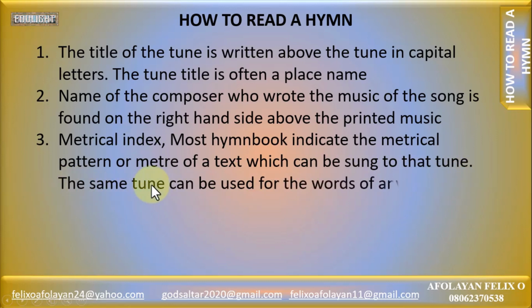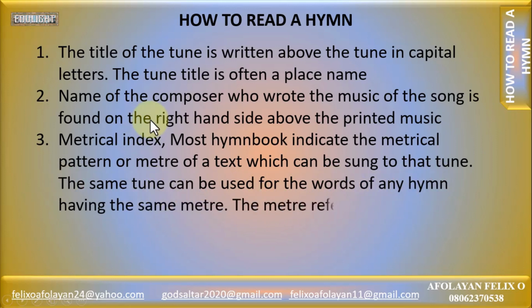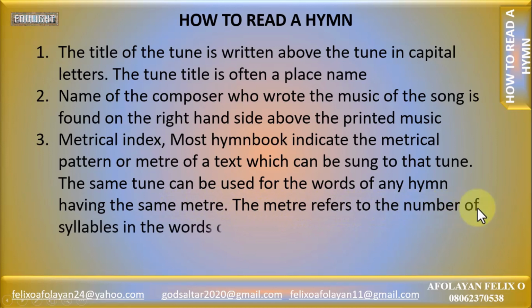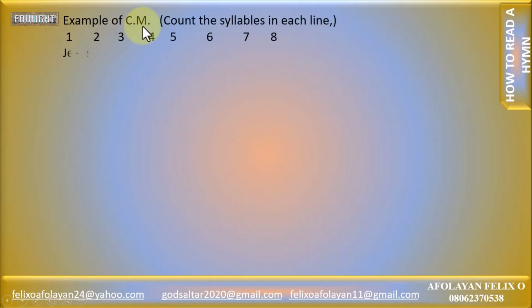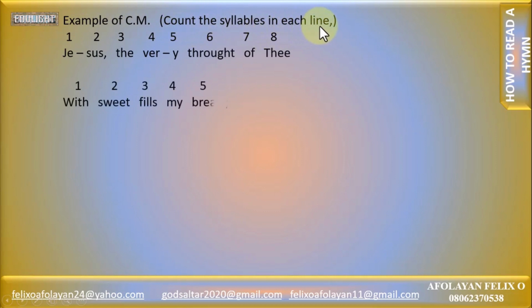The same tune can be used for the words of any hymn having the same meter. The meter refers to the number of syllables in each line of the hymn. For example, if you look at our hymn, we have CM. Count the syllables in each line and do that for your own.